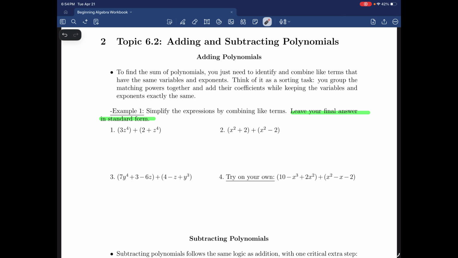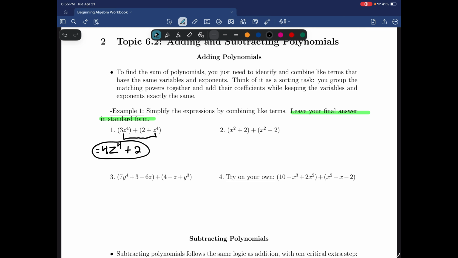The second polynomial, in this case a binomial because it has two terms, has a like term, because both have the same variable z and the same power of 4. So we can combine those terms. 3z to the 4th plus z to the 4th gives us 4z to the 4th. And then we just carry the 2 along, and that's it.